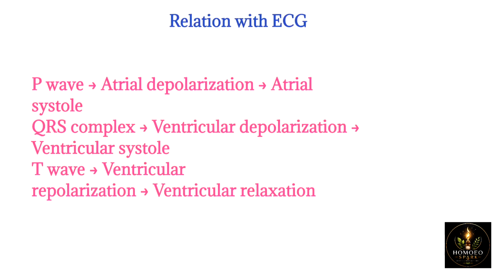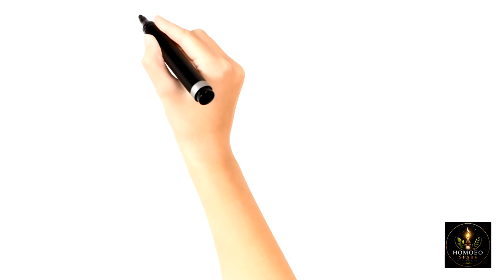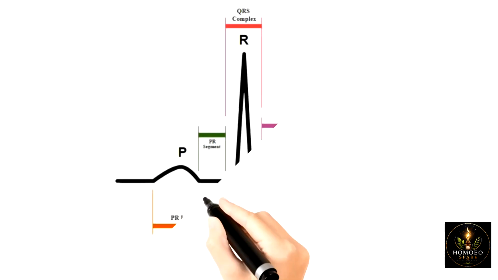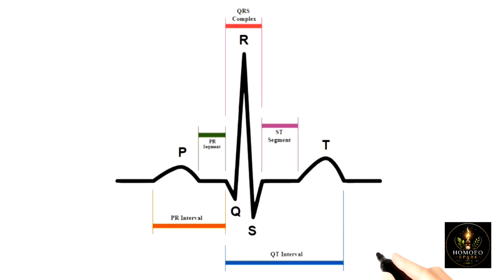QRS represents the ventricular depolarization, which again represents the ventricular systole. T wave represents the ventricular repolarization. You can see here between P and Q we have PR interval and PR segment, QRS complex, QT interval between Q and T, and ST interval between S and T. ECG is an important topic again.